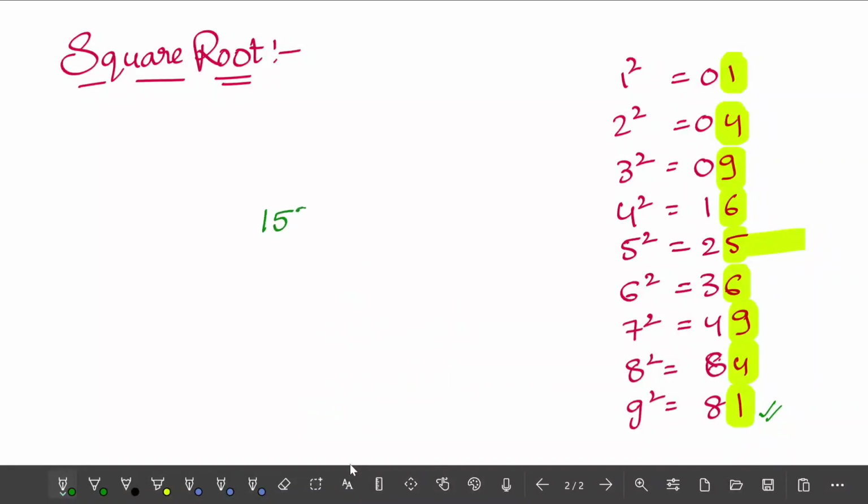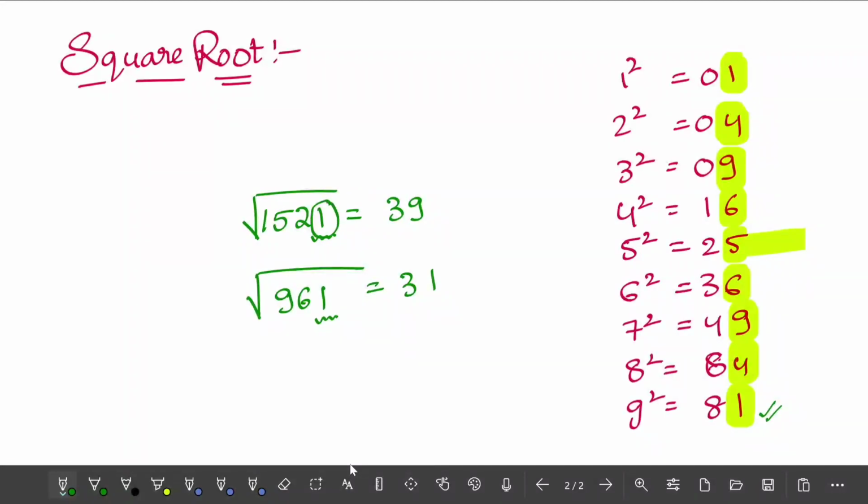Let us say 1521. The square root of 1521 is 39. And the square root of 961 is 31. Here also we got unit digit 1. If we see unit digit 1 here, what are the possible unit digits of the answer?